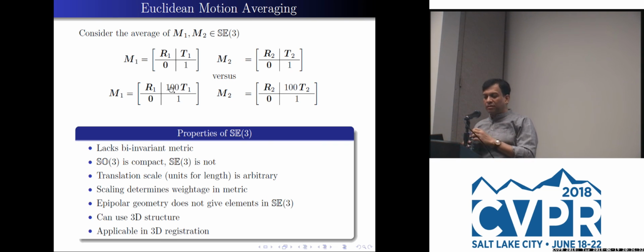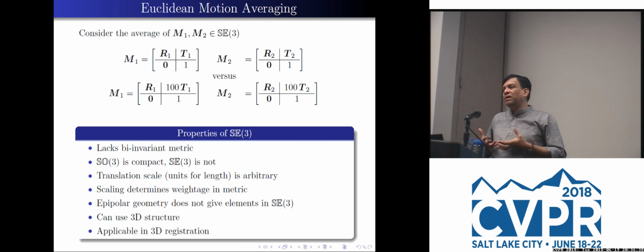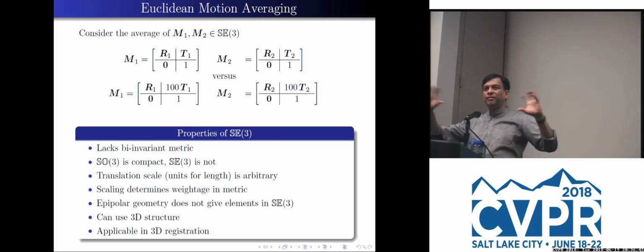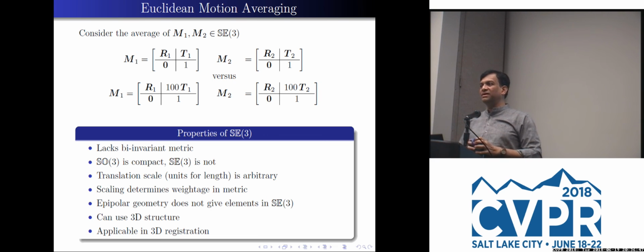So the problem with the Euclidean metric is that it does not have a good physical meaning, because you're mixing up two completely different notions, rotations and translations, into a single metric. So the hack, if you will, is to just scale everything so that translation is of the order of 1. It's sort of arbitrary, but it makes sense in an empirical context.